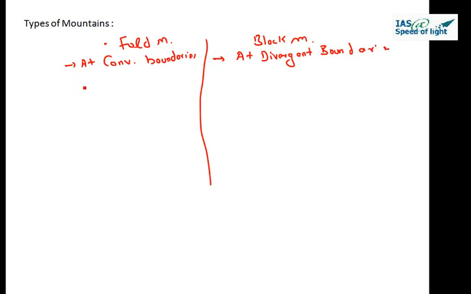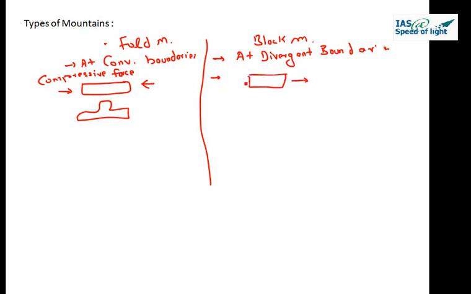So how will this be formed? Fold mountains are formed by a compressive force, which will lead to a figure like this. So there is a compressive force, and the block mountains are formed by tensile forces which will go away.